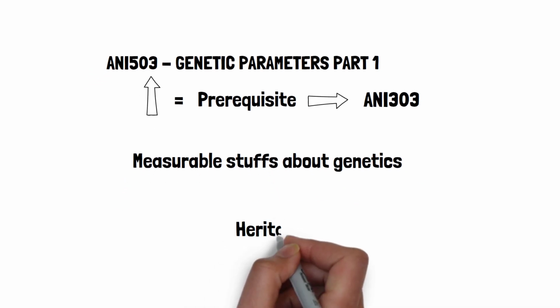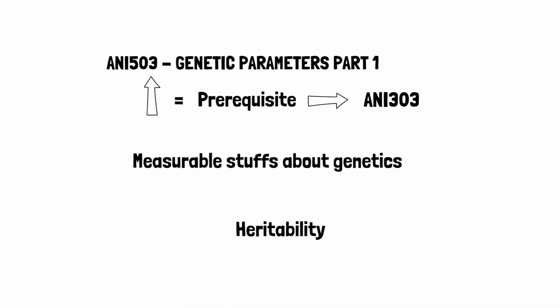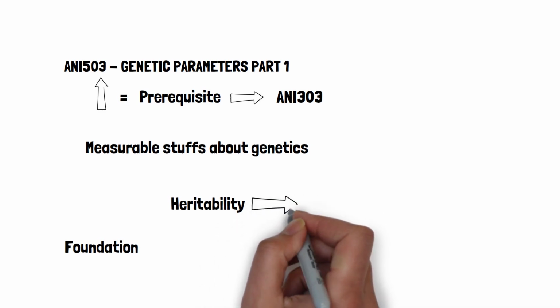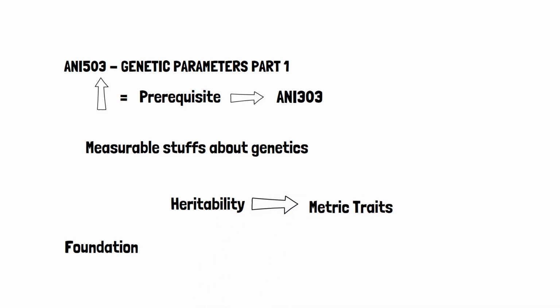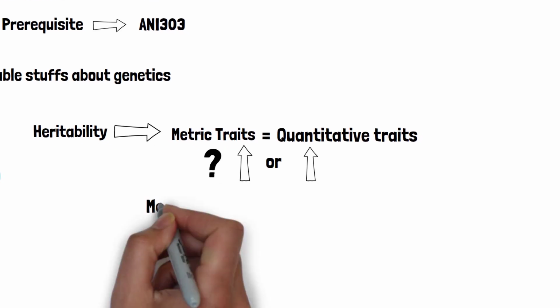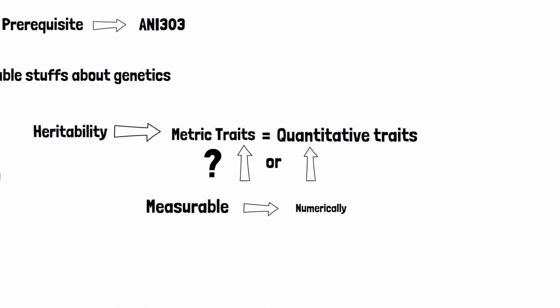It starts with heritability. Well, before I go to that, I will outline some few things to build our foundation for understanding it. Okay, heritability estimation is primarily carried out on metric traits, aka quantitative traits. Okay, what are metric traits? Well, metric traits or quantitative traits, whatever you'd like to call it, are those traits that are measurable and can be expressed numerically.